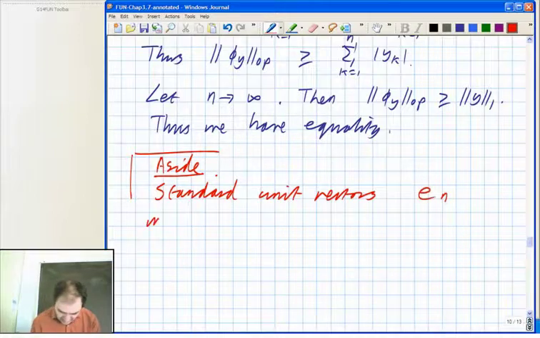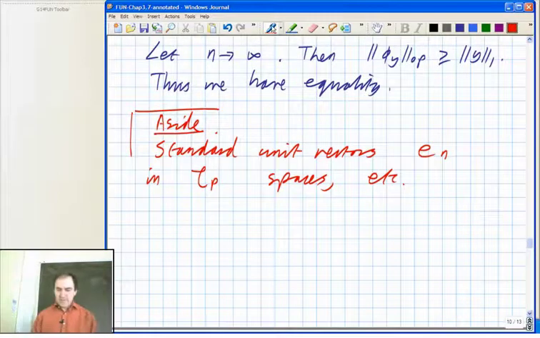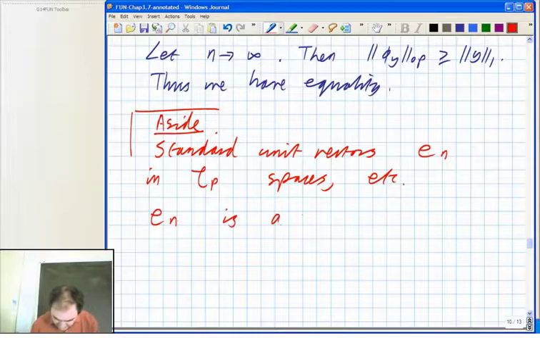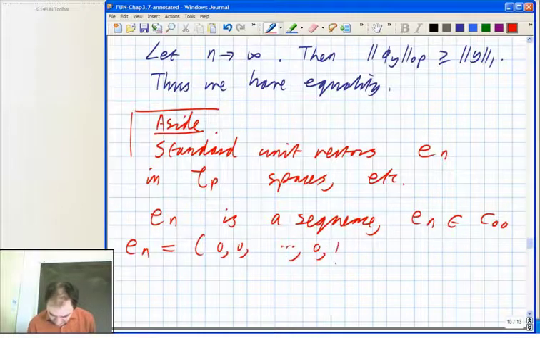e_n in the L^p spaces, etc. What are they? Well, this doesn't fit with our previous notation, unfortunately, but since everybody always calls these e_n like this, we're going to have to stick with this. e_n is a sequence. e_n is in c00, and e_n is equal to the sequence which is 0, 0, 0, 1 in the nth place, and then 0 again.